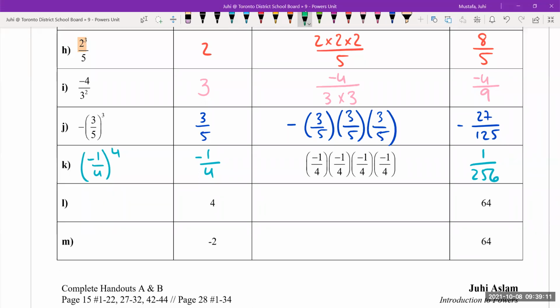Let's try question L. Oscar, so if we have a base of 4 and the answer is 64, how many times did we multiply the 4 to get to 64? Good, so we did 4 times 4 times 4, and then how would we write that in this form?